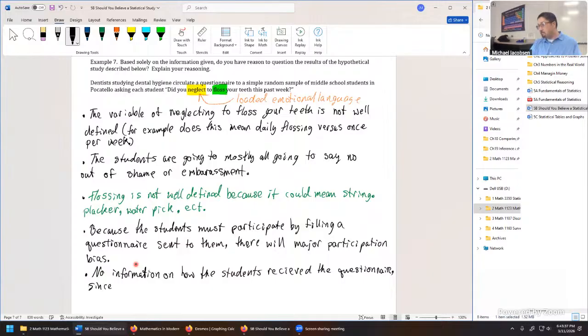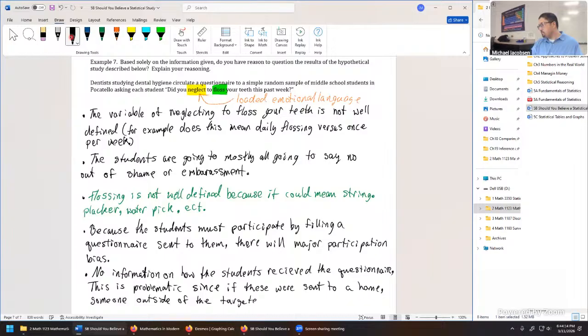Since, if these were sent to a home, someone outside of the targeted age range may respond.